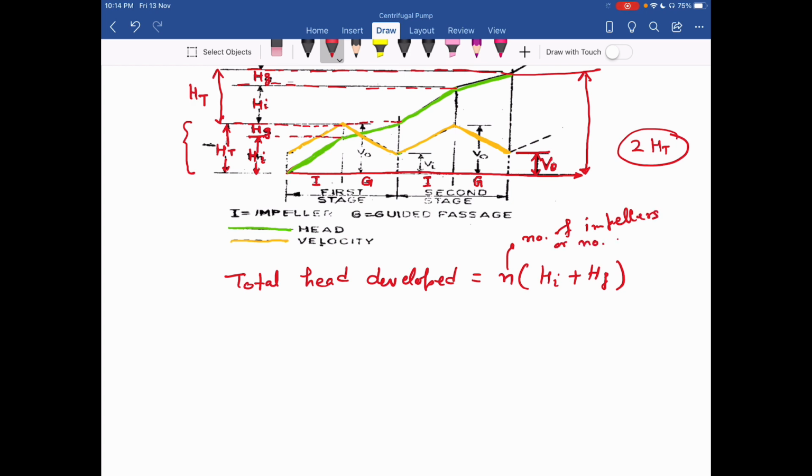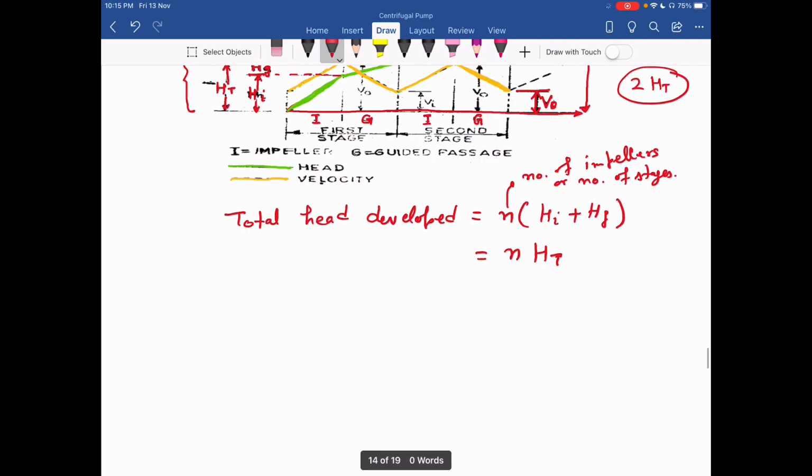So this I can write as N times Ht. Ht is my total head rise in one stage. Hi is the pressure head rise in one impeller, and Hg is the pressure head rise in guide vanes. So this is how I can find the total head developed in multi-stage pumps.